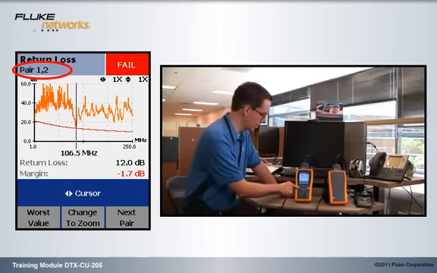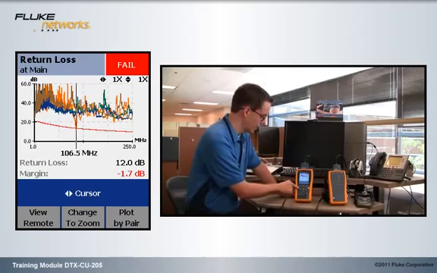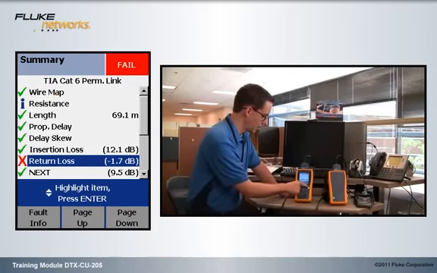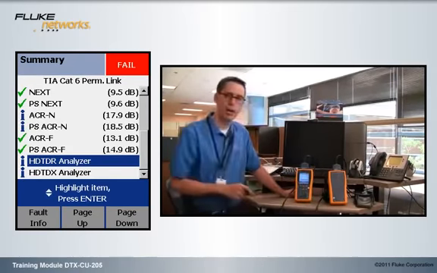I'm going to hit the exit key and again, and I'm going to go down to my HD TDR analyzer, my high definition time domain reflectometer. This is going to allow me to look down the cable and see where the anomalies are that are causing this return loss failure.